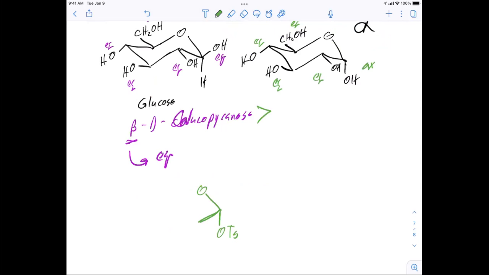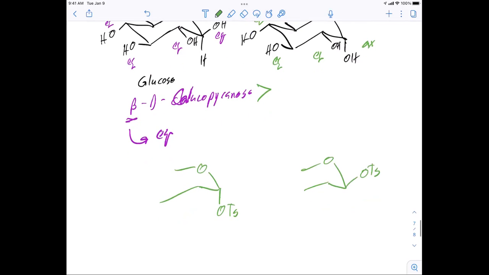Now let's put a tosylate on here, right? If we were going to add a nucleophile, which of these two is going to accept the nucleophile more easily?